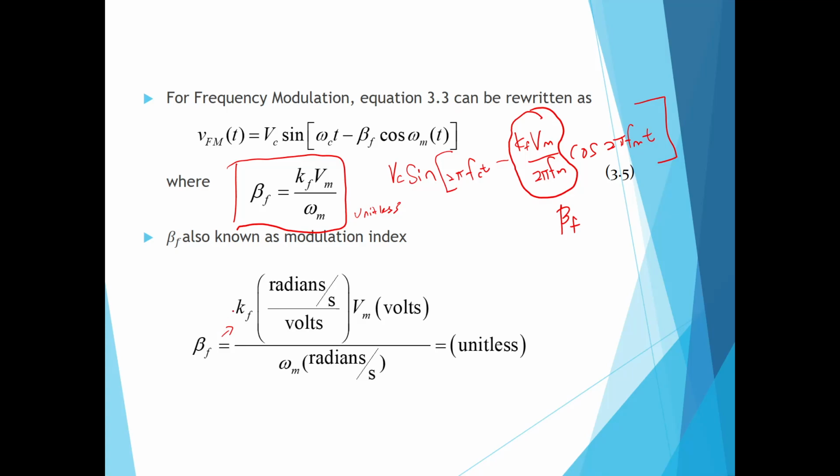The unit for Kf is radians per second per volt, and you multiply with Vm in volts, and then divide by radians per second. The volt and volt cancel out, and radians per second divided by radians per second, so it is a unitless parameter.